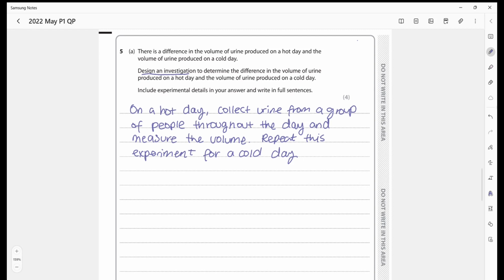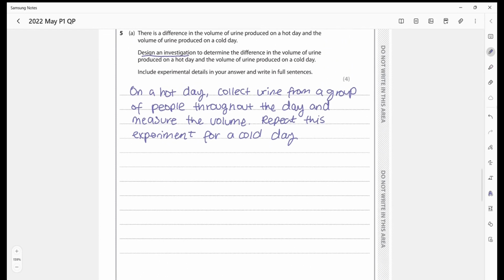It doesn't really ask for control variables either. But it's always safe to just write these points down, especially if you're given quite a bit of space as well. So anyways, repeat this experiment for a cold day. Then compare the two sets of data.